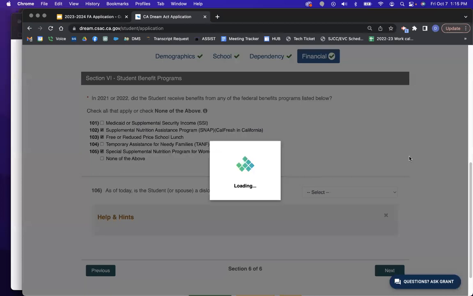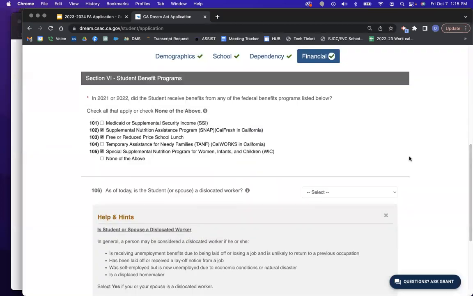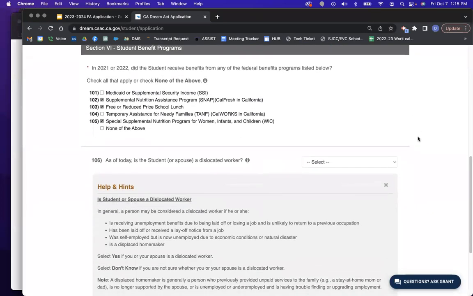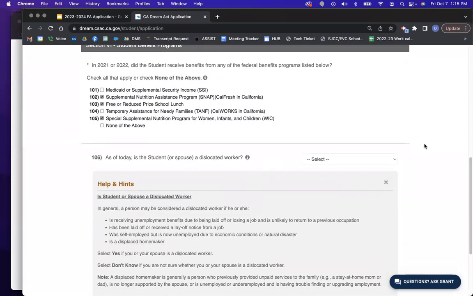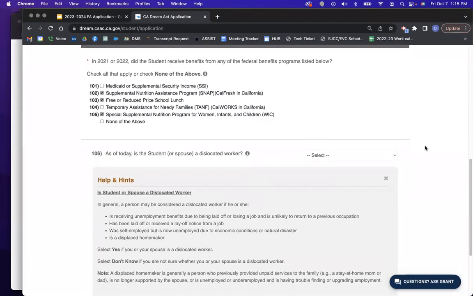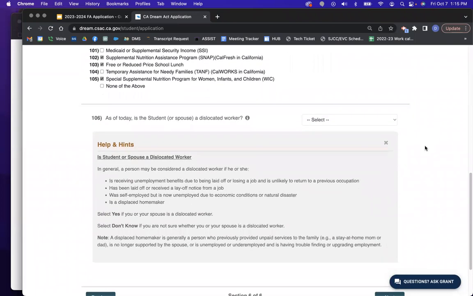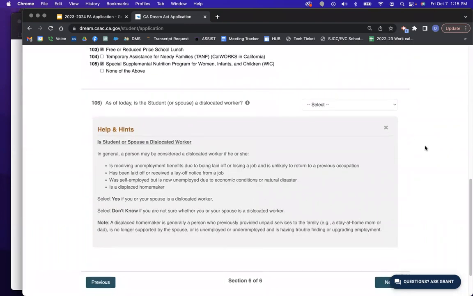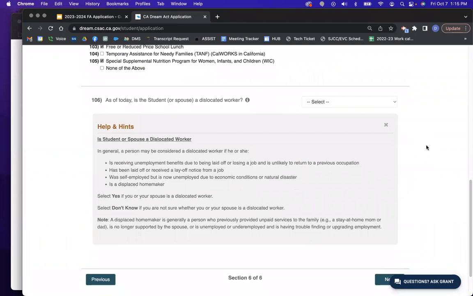And so this is asking you if you're a dislocated worker. So this is any person who is receiving unemployment benefits because they were laid off, and is unlikely to return to their old job, is being laid off because of a notice from their job, or the person is unemployed because of natural disaster or economic conditions.